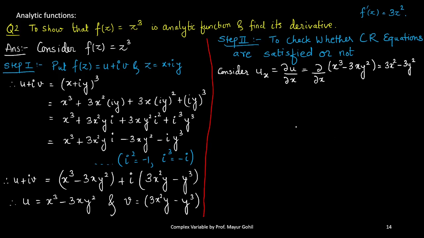Now let us calculate u suffix y. It is 0 minus 3 times x multiplied by 2y, which gives minus 6xy.